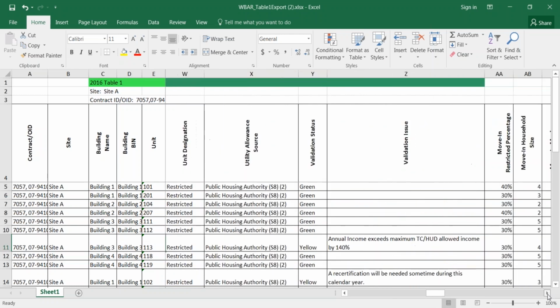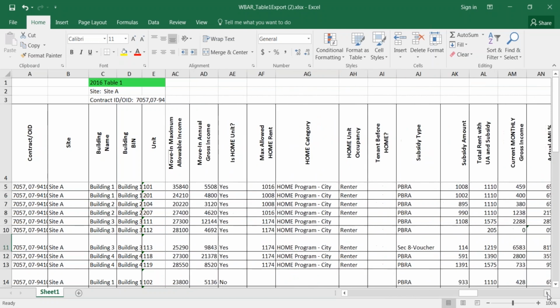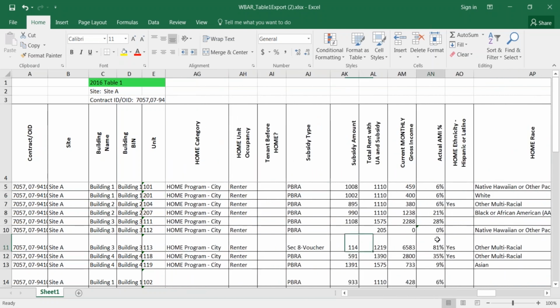And if we keep going forward, you'll see actual AMI 81%. So one of the first things I do after I do my home program unit sort is I look down the actual AMI column and I take note of anybody that's at or over 80 or getting kind of close to 80. So I want to give you a heads up to look at that.